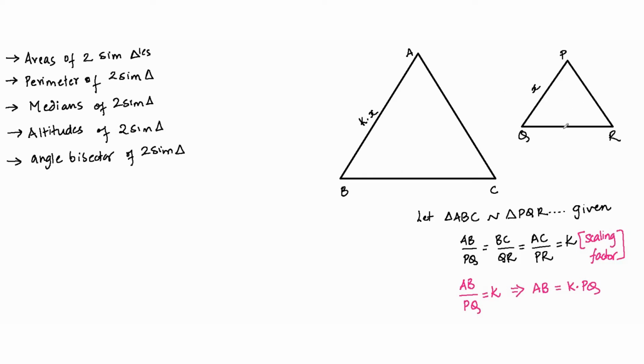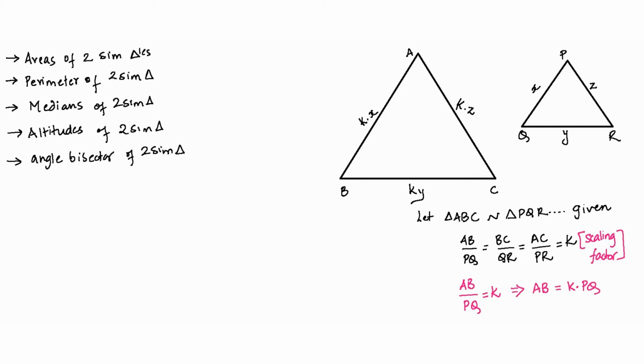Now similarly, if side QR is Y, then because PQ got multiplied by K and became KX, the base BC is also going to become K times Y. And suppose PR is equal to Z, then the side AC is going to become K times Z. So all the sides have been multiplied by the same scaling factor, which is K.